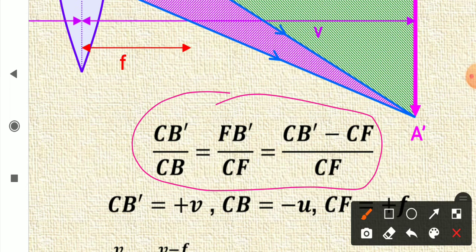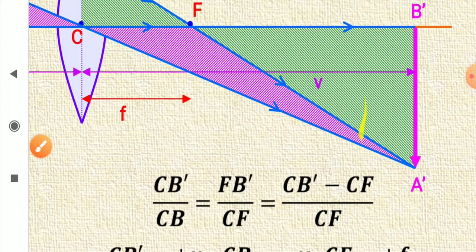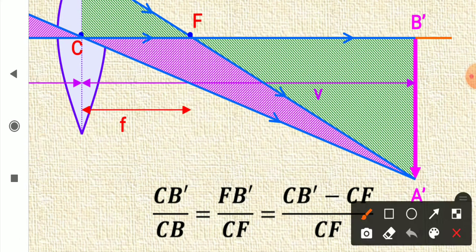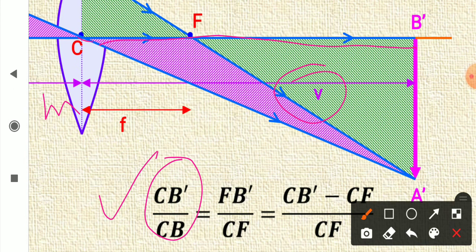Now we will write these terms in terms of the known terms. This CB' is going to be equal to V, and CB, which is on the other side, will be equal to U. So there is no problem on this side. This CF will be your focal length F. Now the problem is FB'.